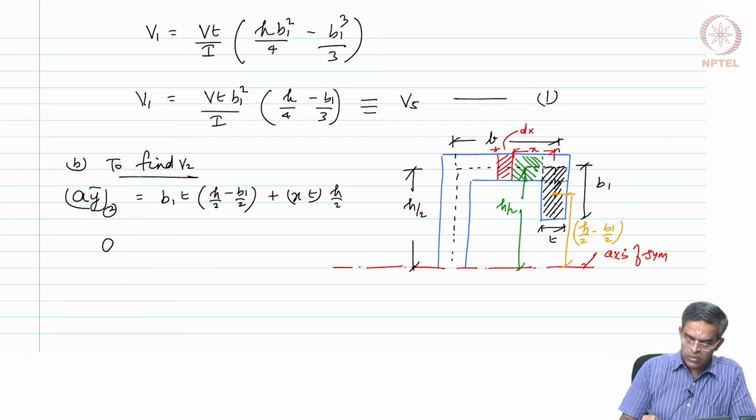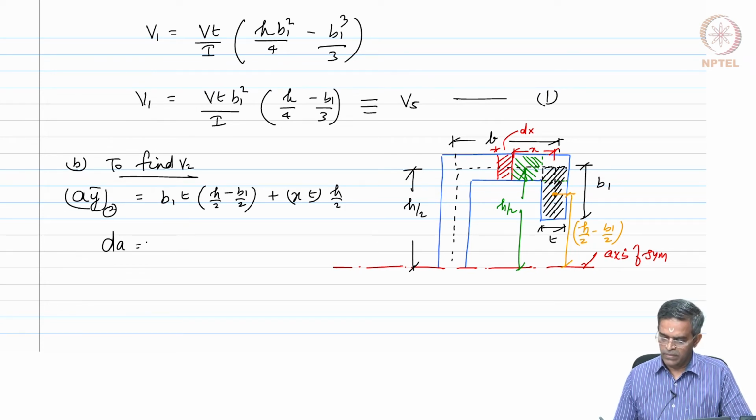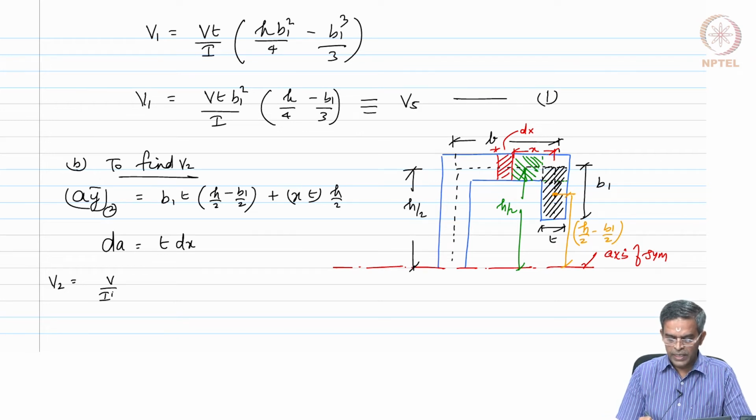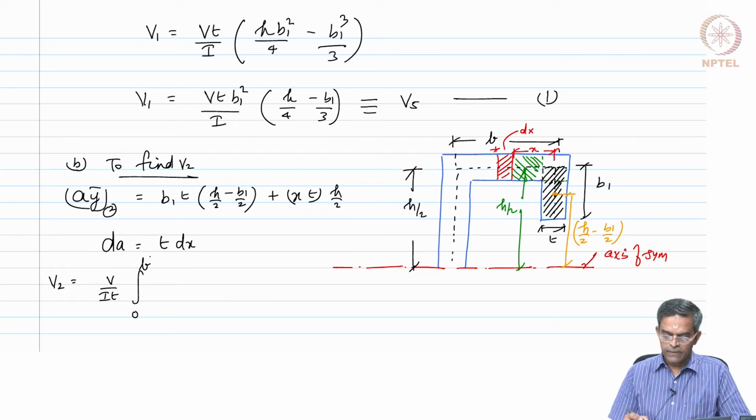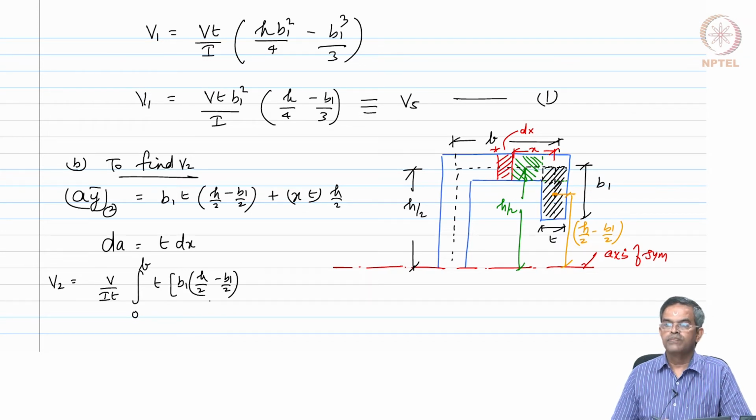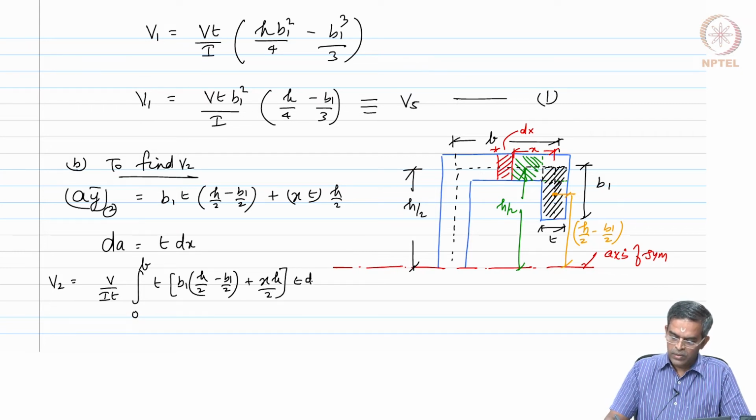We also know dA is T into dx. Can I now write the equation for V2, which is V by I T, integral from 0 to B, that is the elemental length, of T into B1 times h by 2 minus B1 by 2 plus x h by 2, of T dx, am I right?